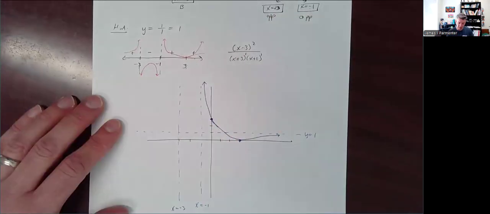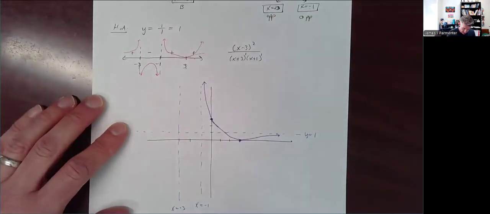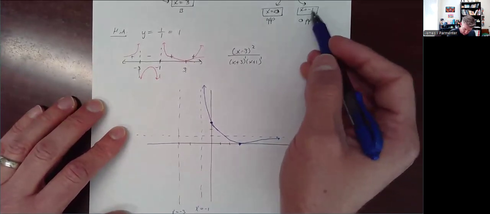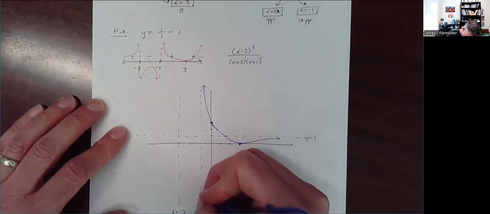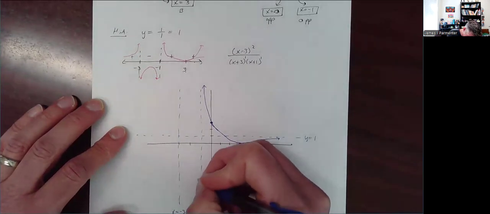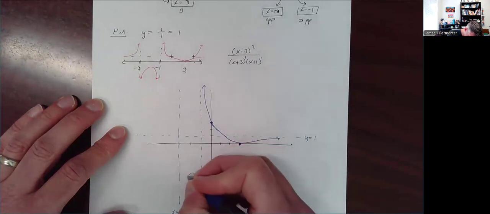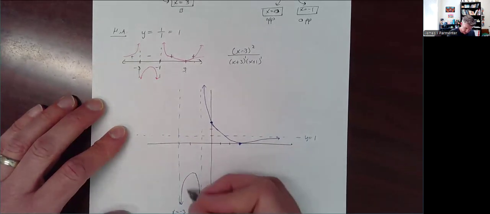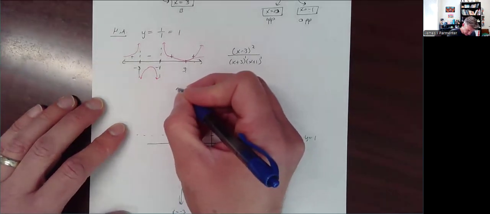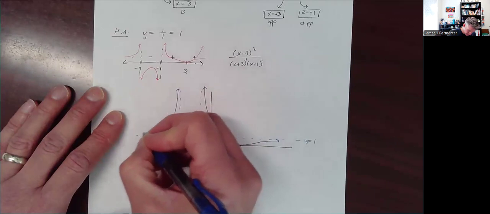So the vertical asymptote, you either have to go up, up, up, or down, down, down. And on the other side, since x equals -1 is an opposite behavior vertical asymptote, we know we have to be going down like this. This is kind of the funky part here because you're going down and then you have to change directions and go down again because there isn't an x-intercept to cross through. And then finally on the other side of this vertical asymptote, we have to be going up and then like that.